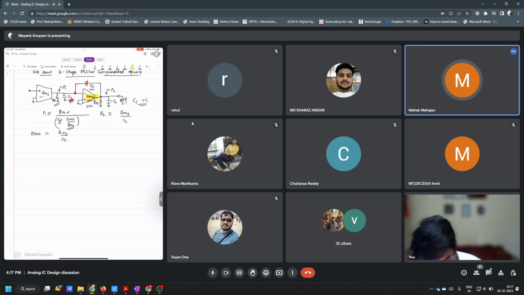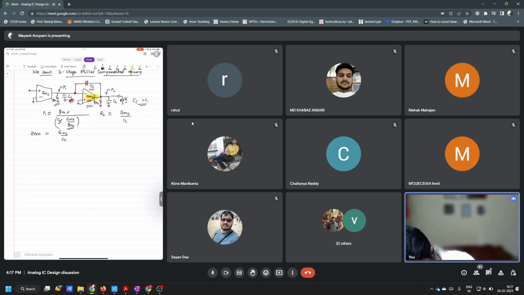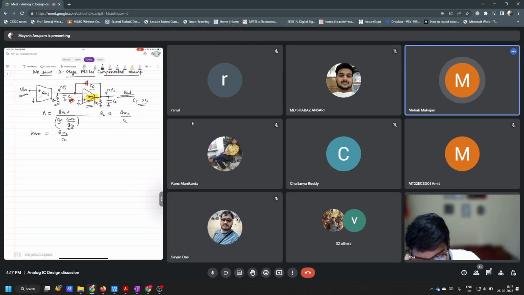So where is the input, by the way? This is the input, okay? And this is the output. In between this input and output, there are two paths. Can you tell me which are the two paths? One is from CC, from here, like this, right?